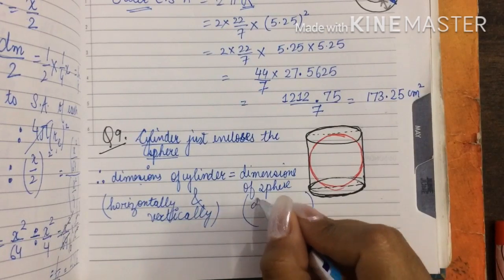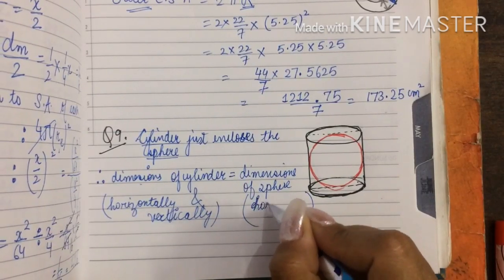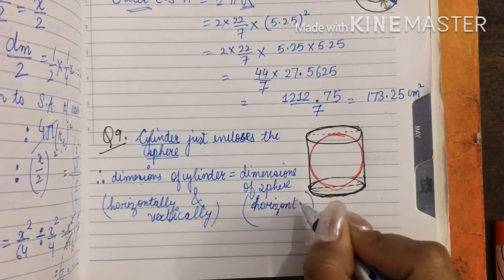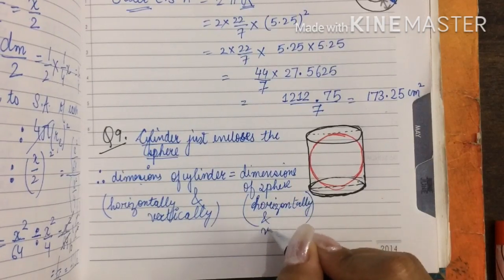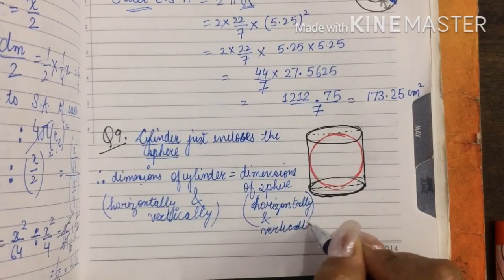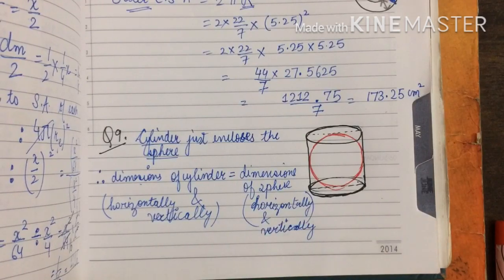Same for the sphere as well. If we measure the size of the sphere horizontally and vertically, the size is exactly the same as the cylinder.